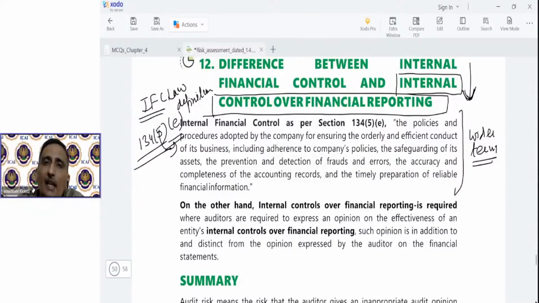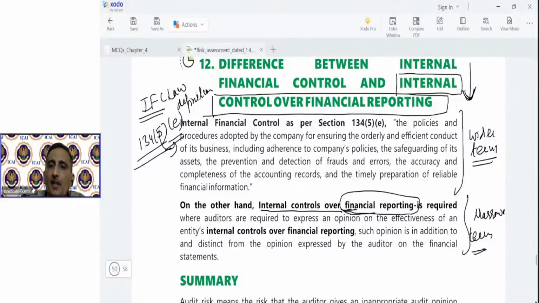So internal financial control is a comprehensive wider term, whereas internal controls over financial reporting is a narrower term. It is narrower in its scope, because these are controls relating only to financial reporting.